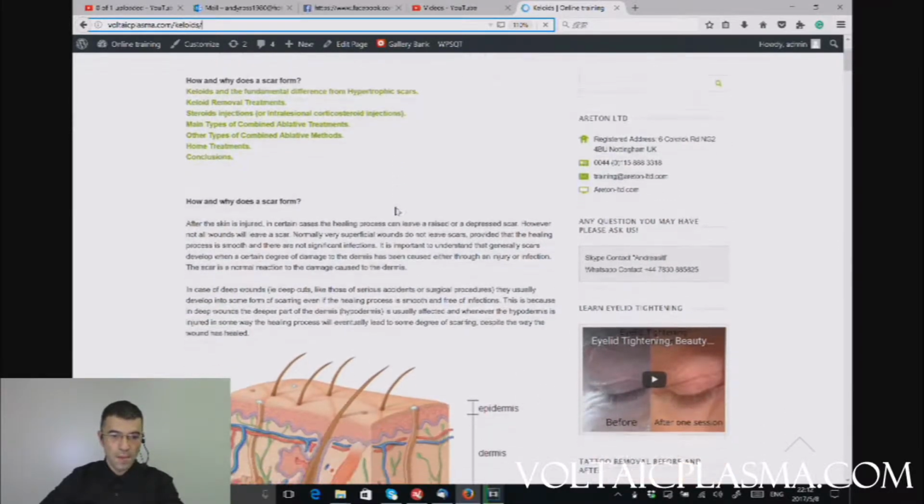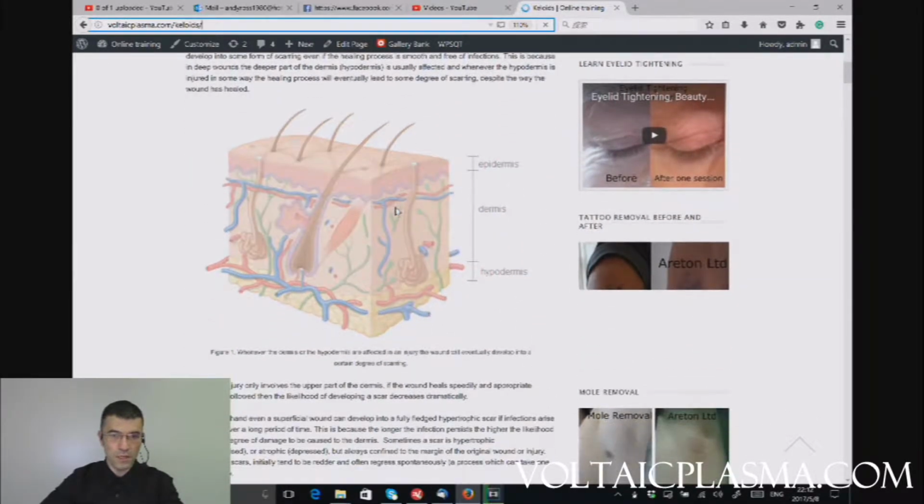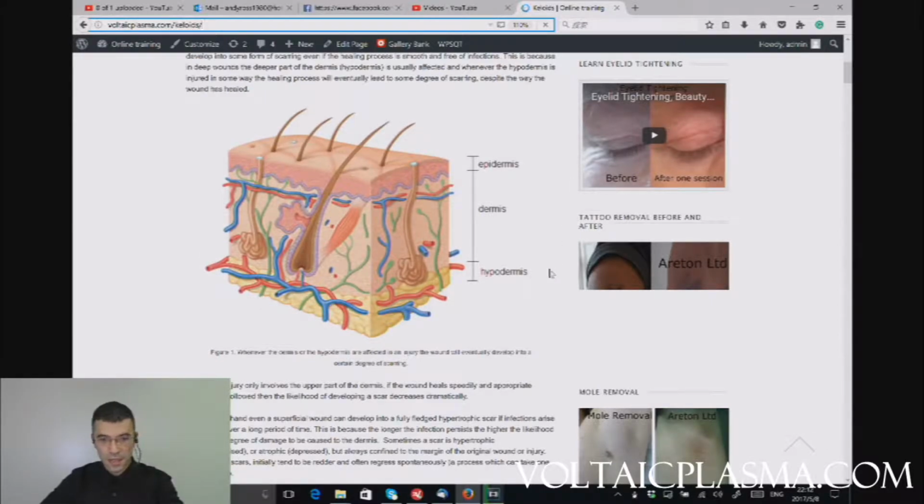So the first image that we are seeing is the image of the cut of the skin, showing the epidermis, dermis and hypodermis. The reason for us to put that picture in there is to outline what scars are and how they're formed.